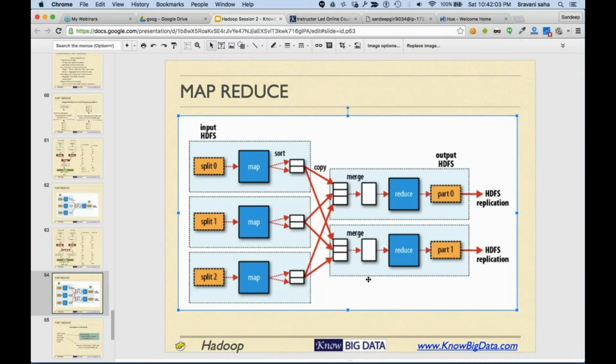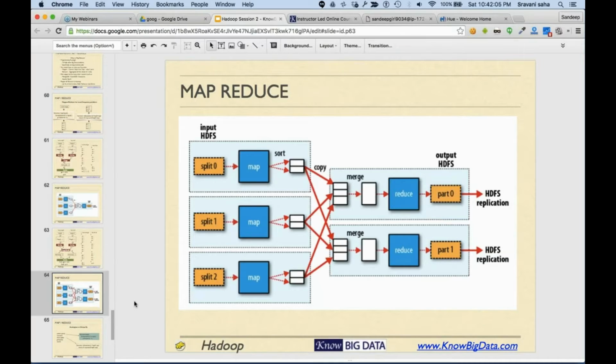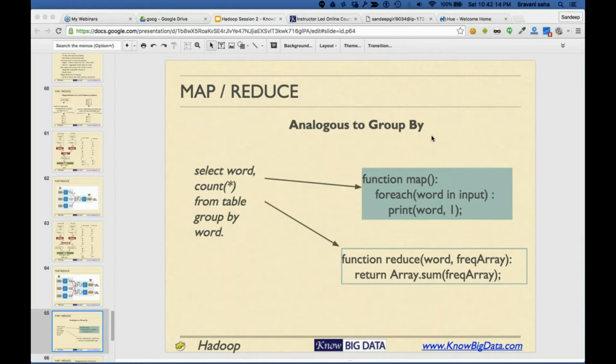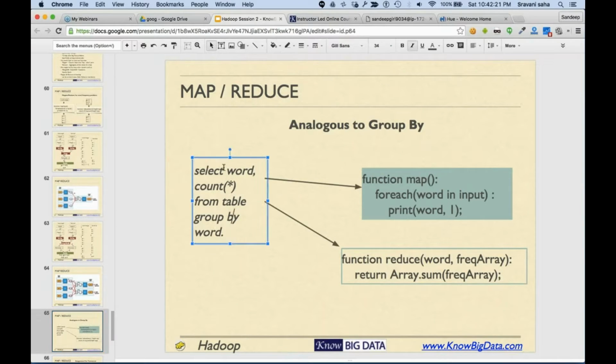And that's how map and reduce actually work. As I've already told you, MapReduce is very analogous to group by. Group by this part is actually this, and count star is this. Count star gets executed for every word, and that's how reduce gets executed for every key.